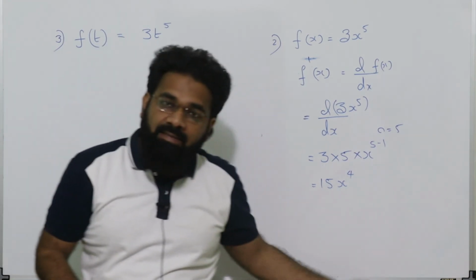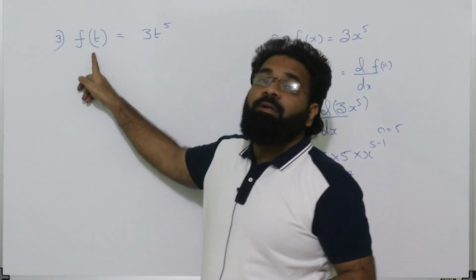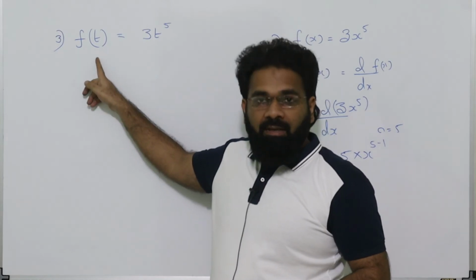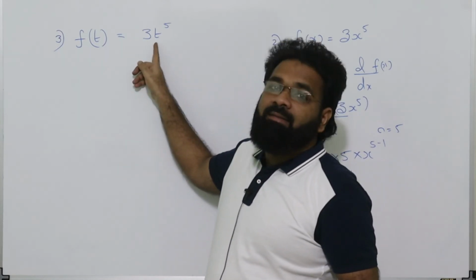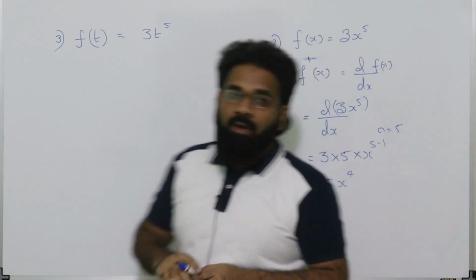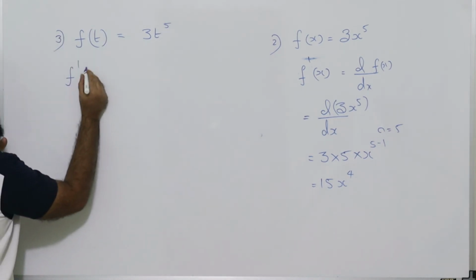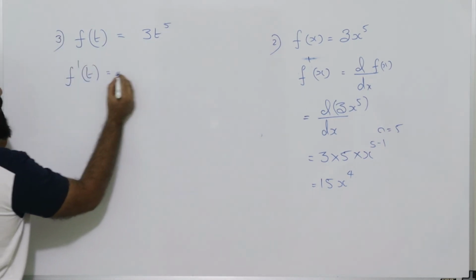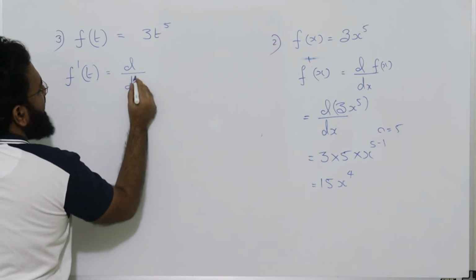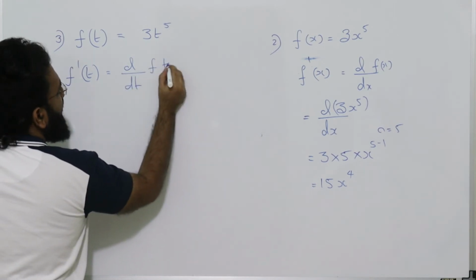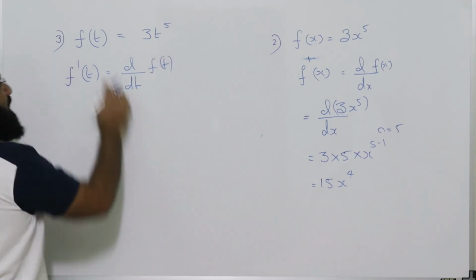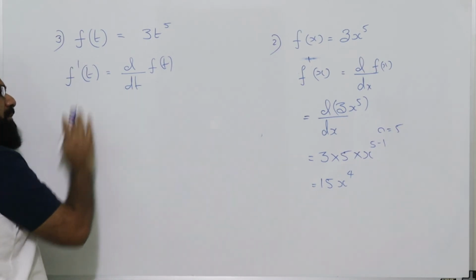Now if we put t on the x-axis, then we get t raised to 5. How to do differentiation? Same as that. Now f dash of t is equal to d by dt of f of t. This is a function of time now, or a function of t.